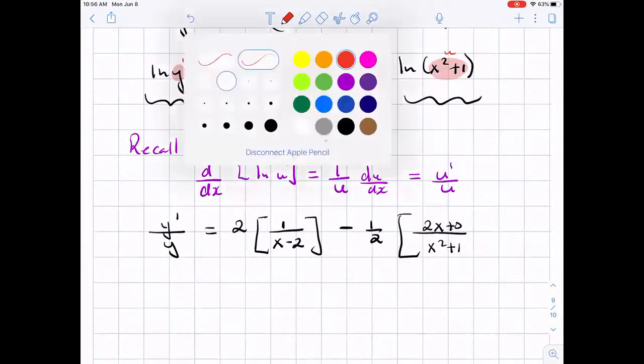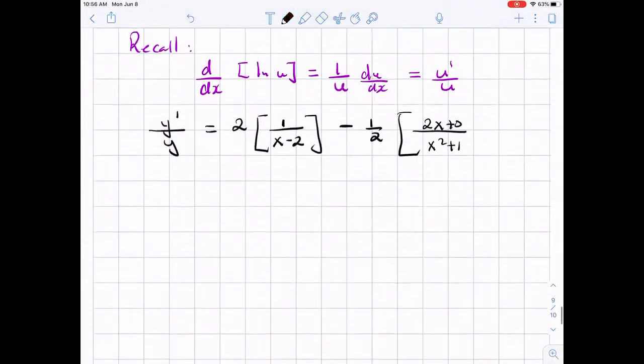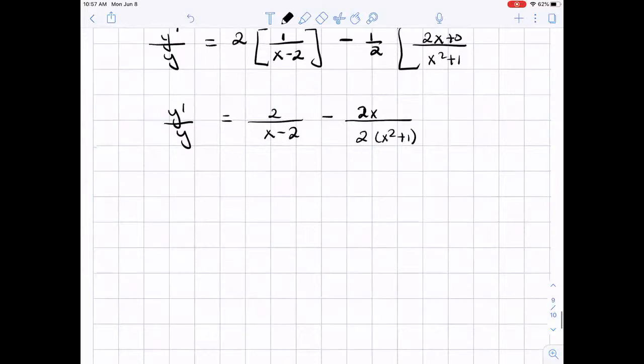So if we simplify, we have y prime over y is equal to 2 over x minus 2 minus 1 times 2x is 2x over 2 times x squared plus 1. Okay.